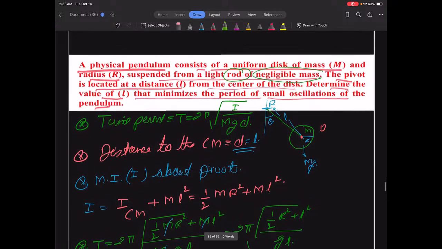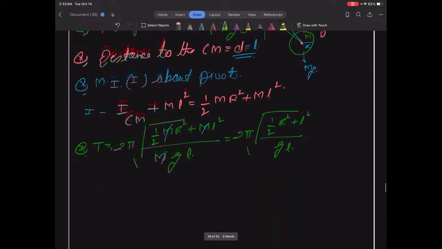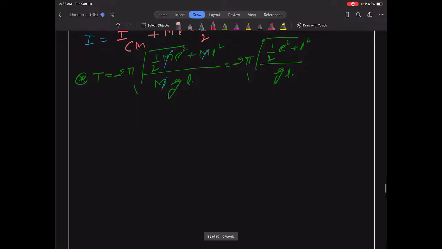But in this case we have to find the value of our length L which minimizes the time period. So obviously it is talking about minimization, so we have to differentiate it and set it equal to 0. That is our minimization, the basic mathematics.